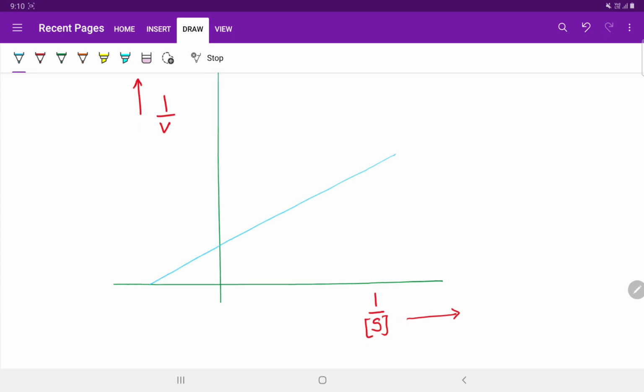Now here you can see a straight line is obtained. So as per this, the slope will be equal to Km upon Vmax. You can see this blue colored line. I am going to darken it so that you can easily see how this plot is obtained.